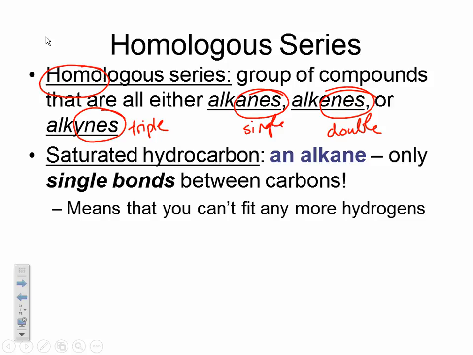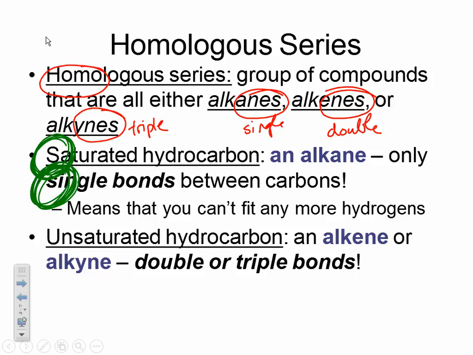So a saturated hydrocarbon has all single bonds. Saturated, nothing but single bonds. So that's our alkane series. Alkanes are also considered saturated hydrocarbons. They're essentially saying the exact same thing.